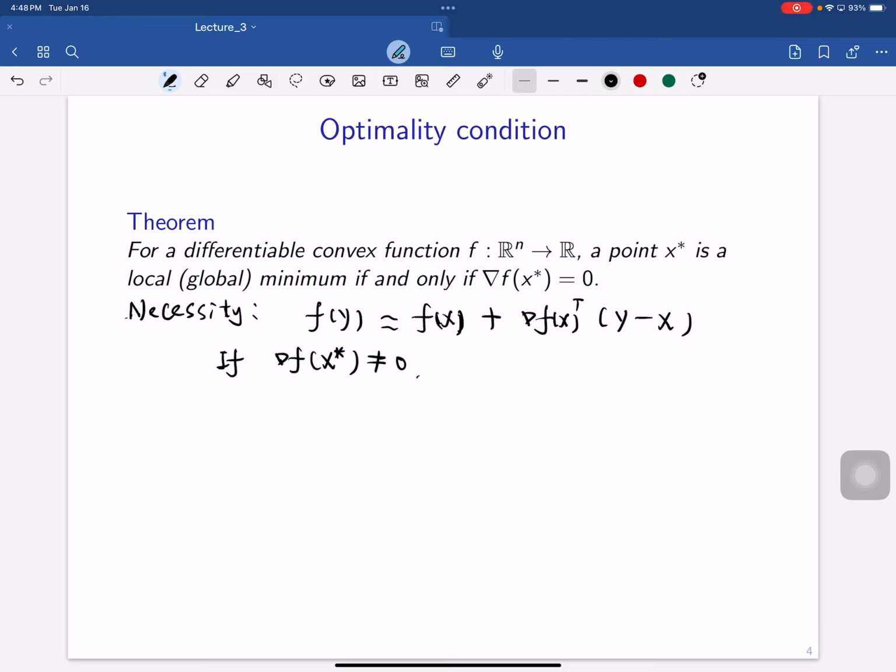So if you take the minus gradient direction, f(x) will decrease.